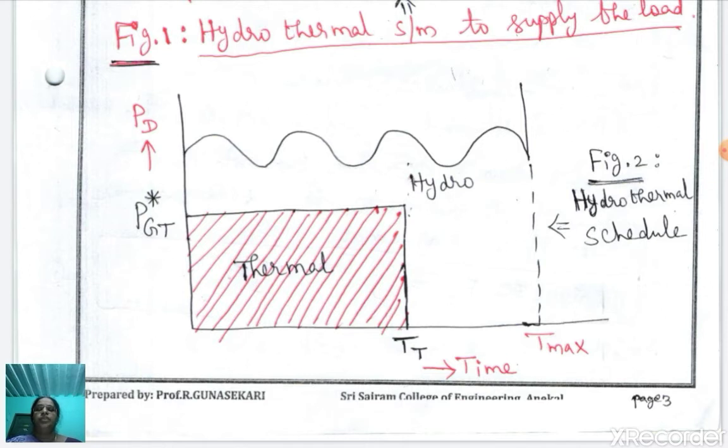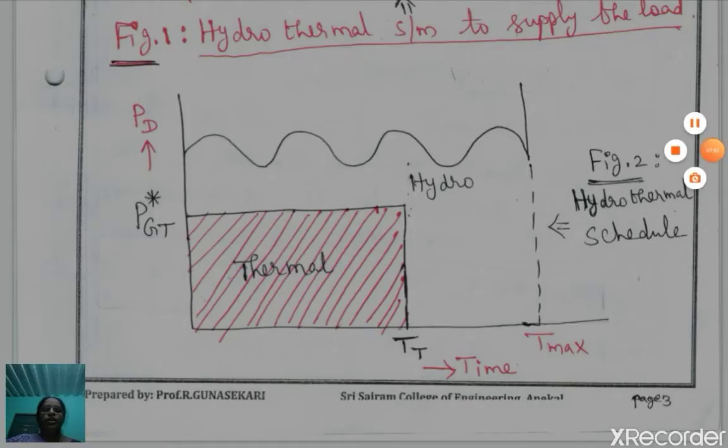The hydrothermal curve is similar to a sine wave. T_T is the time for which the thermal power plant is on, and P_GT is the power generated by the thermal power plant only. This is the maximum time. So figure 2 represents the hydrothermal schedule.